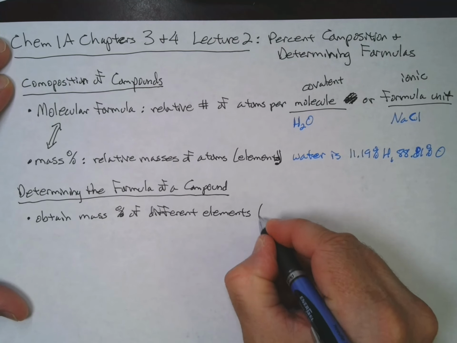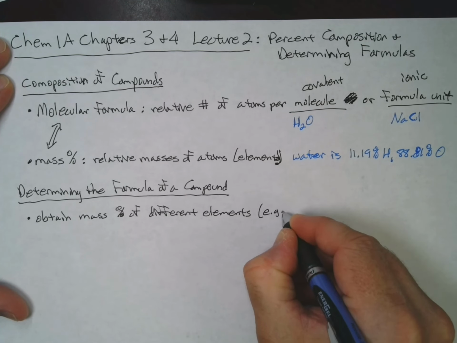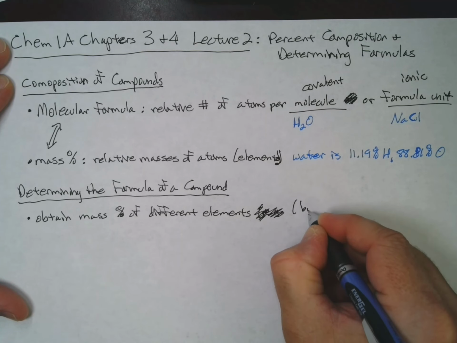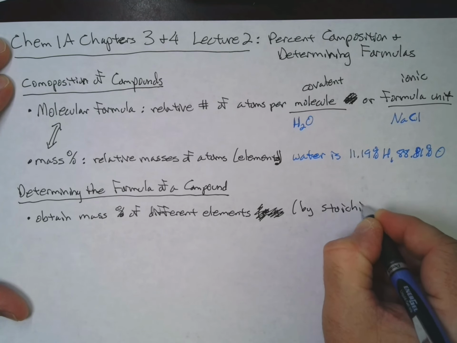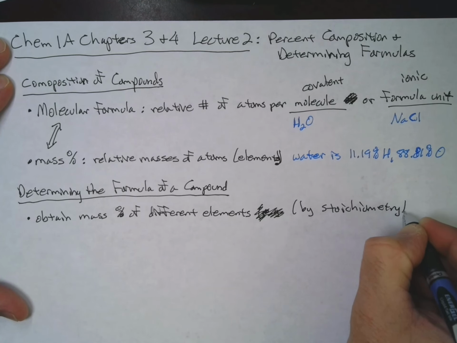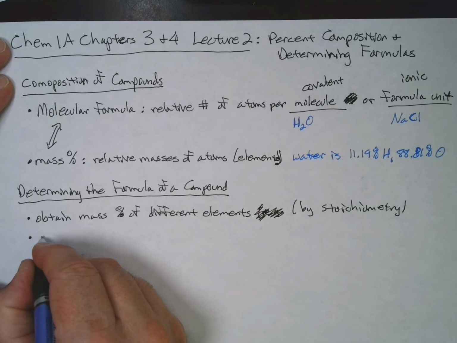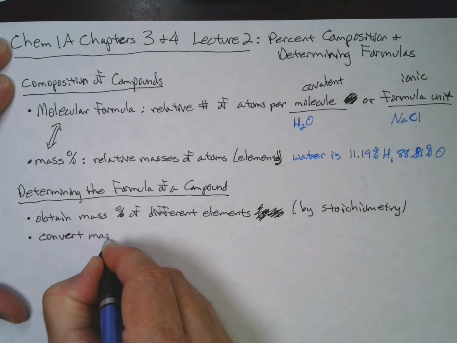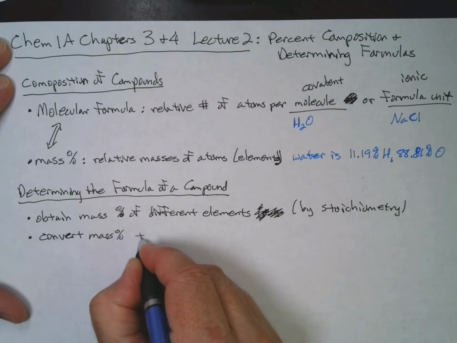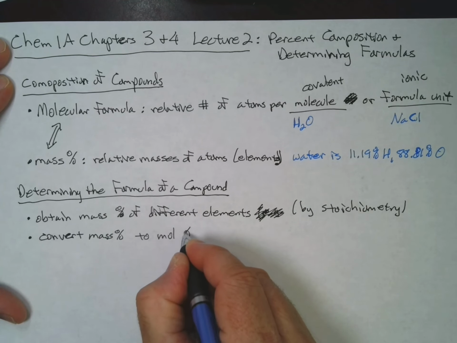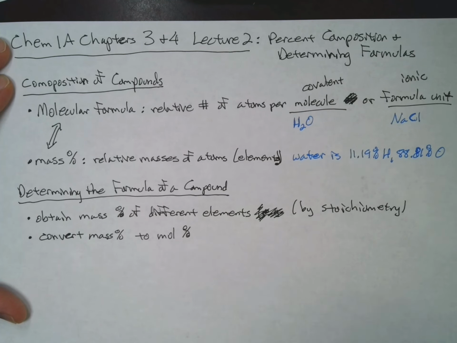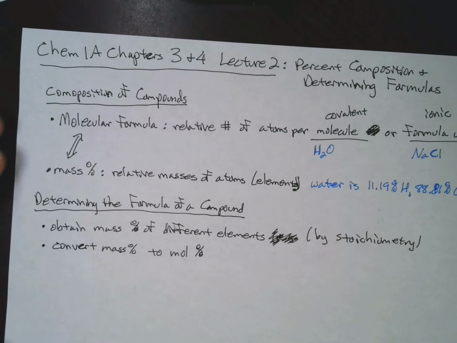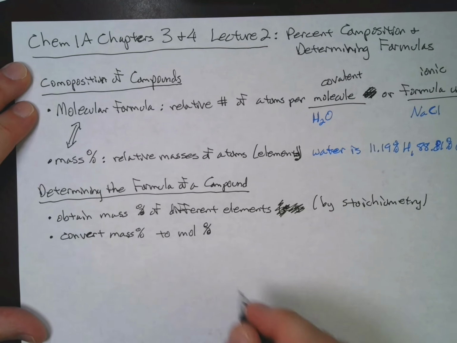This could be by stoichiometry, for example. And then what we want to do is convert the mass percentage to a mole percentage. And this is also known as a mole fraction.